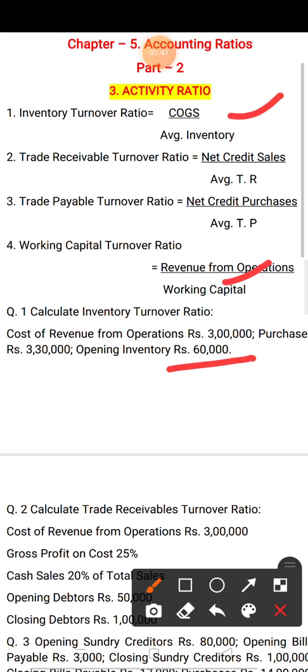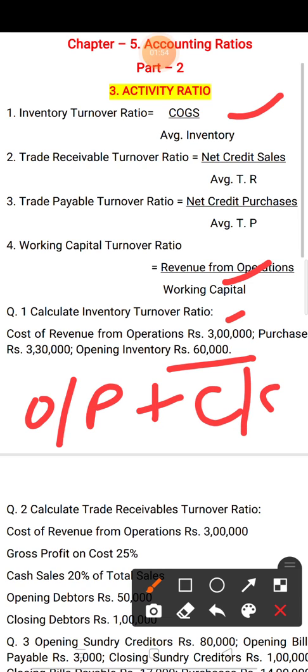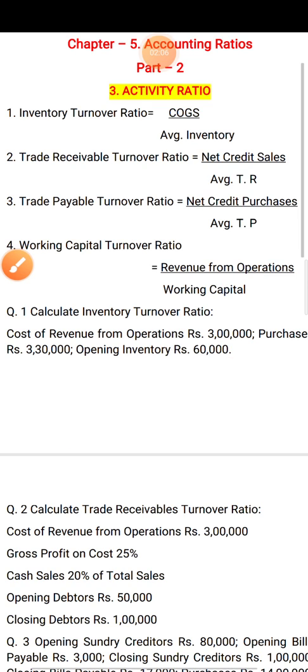Now COGS means cost of goods sold, which is given in the question, 3 lakh rupees. Now average inventory means opening inventory plus closing inventory. So here opening inventory is given 60,000, but closing inventory you have to find out. So first you have to find out the closing inventory. So let us start the question.